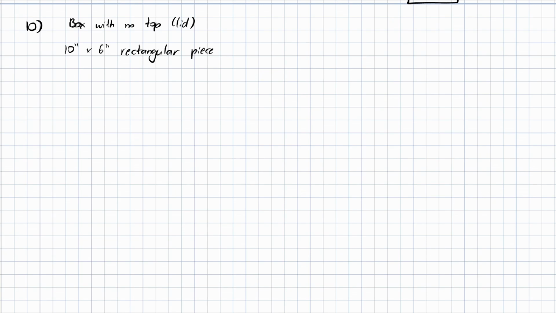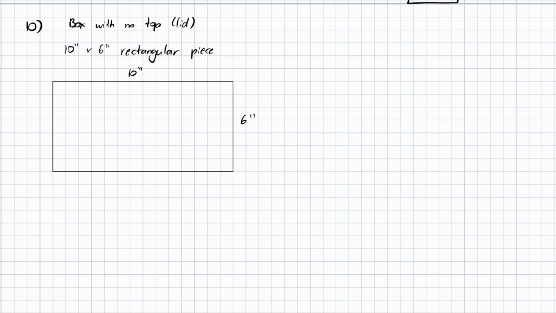So he has this rectangular piece, right? So this is 10 inches. This is 6 inches, right?